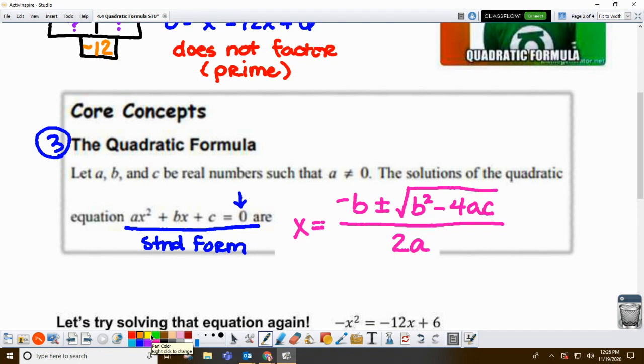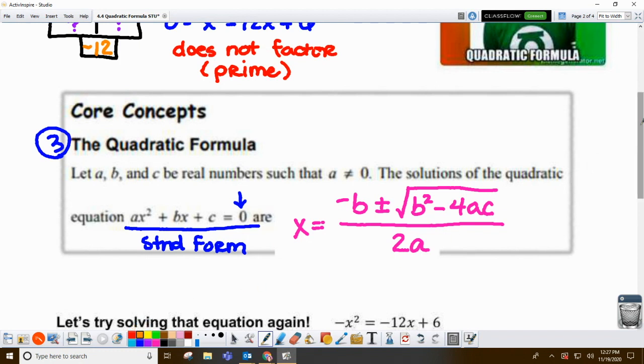All right, that is the quadratic formula. That is something that as you go through and use it or apply it more, you guys should be very familiar with the quadratic formula by the time you're finished with this lesson. So we're going to use it quite a few times today in this lesson, and then as we work through the rest of chapter 4, when we're solving, quadratic formula is always an option for you to solve.